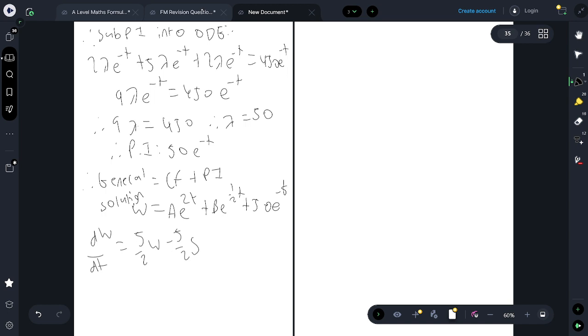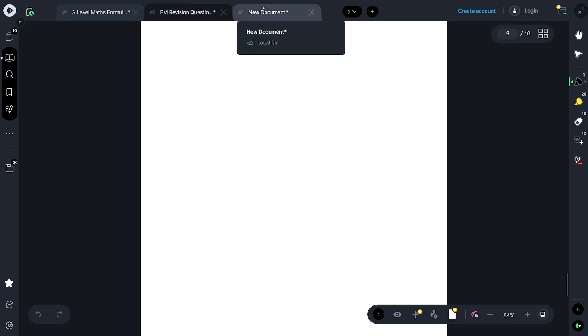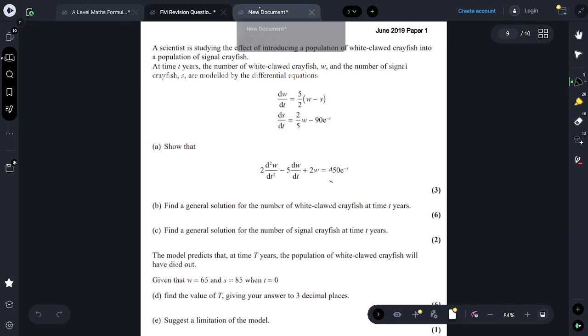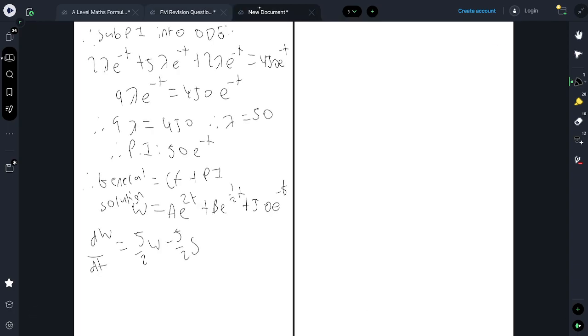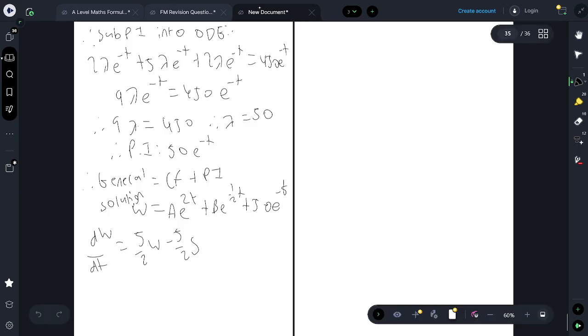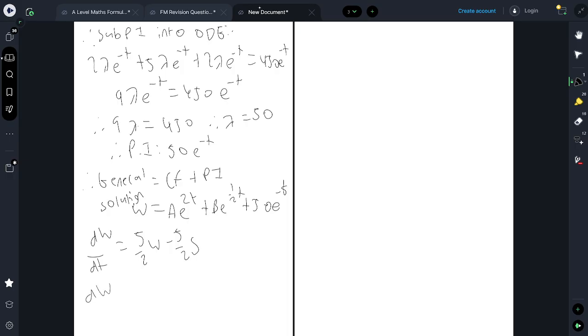And that comes from the first equation, right? So again, you use the first equation, then you can find s to find a general solution for that. Really, we need to substitute w and dw in. w is that, remember, so dw by dt is going to be 2a e to the 2t plus a half b e to the half t minus 50 e to the minus t, right?